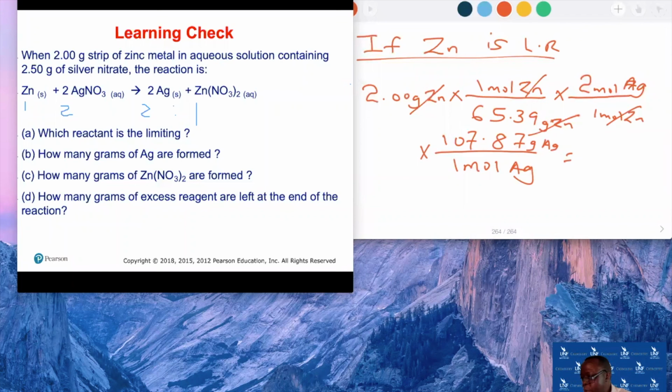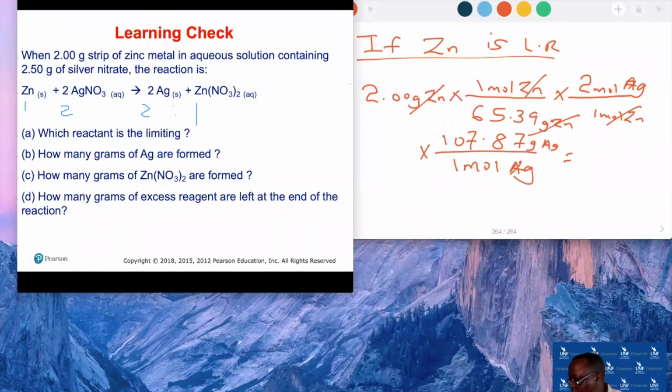Let's see how much will be produced. This conversion factor I do have there. Let's see, grams of silver, 2 times 2 times 107.87 divided by 65.39.